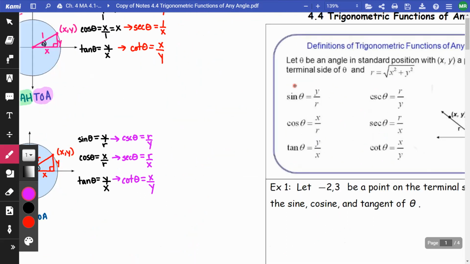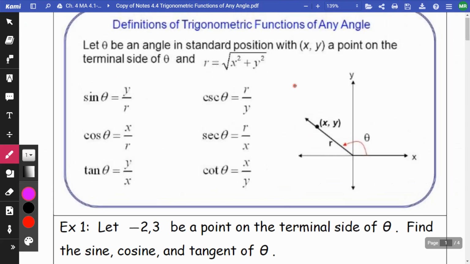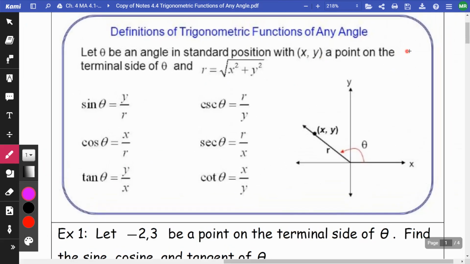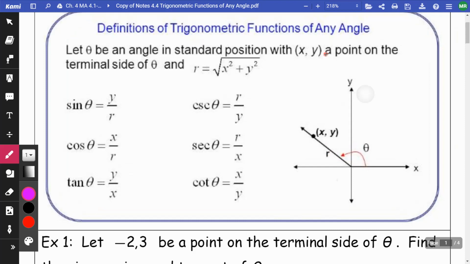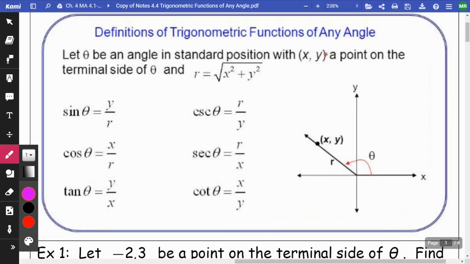So if I come over here, here is our situation. They have an angle, a point x comma y, and they have a radius r. Now, they gave us all of those ratios that I just gave on the other side. I'm going to make a slight distinction here. X in this case is any x, positive or negative, but what I want us to understand is where we are on the unit circle.